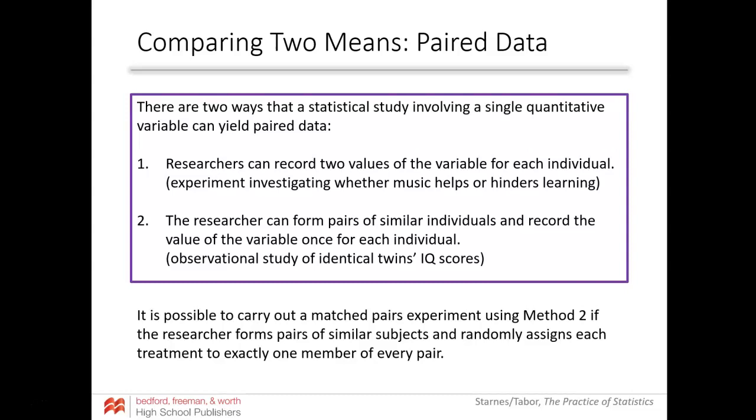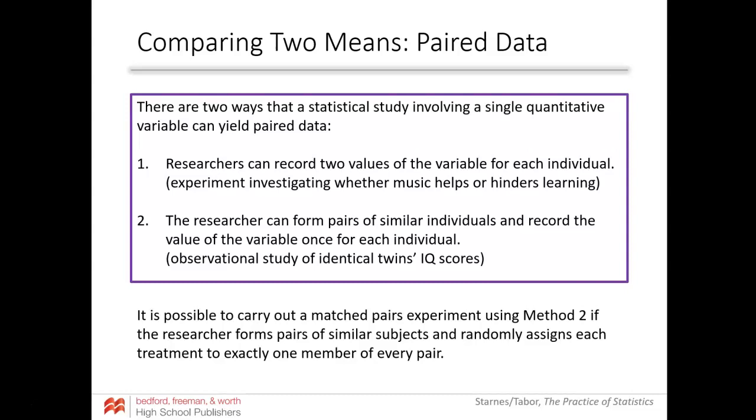It is possible to carry out matched pairs experiments using method 2 if the researcher forms pairs of similar subjects and randomly assigns each treatment to one member of every pair. So the twins one was an observational study because we didn't force them to go live in poverty or high income. That was just something we were coming in after the fact to look at data. However, you can still group up people, whether it be twins or similar people. I think we saw an example a long time ago about how sunblock affects people, and we wanted to match them with someone who had similar skin tone to them.